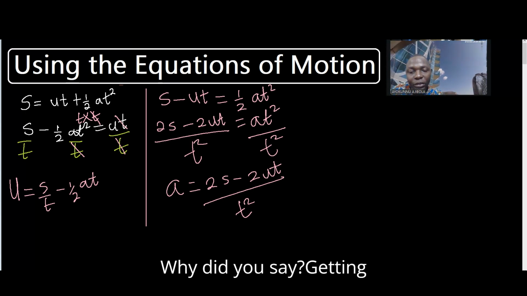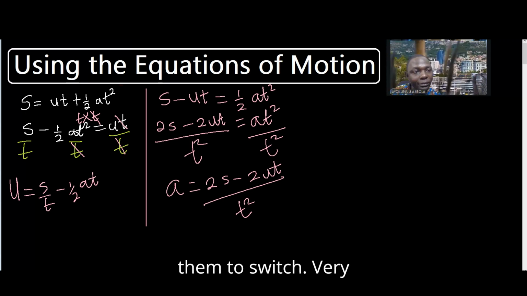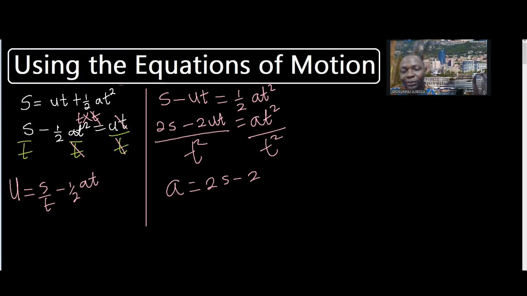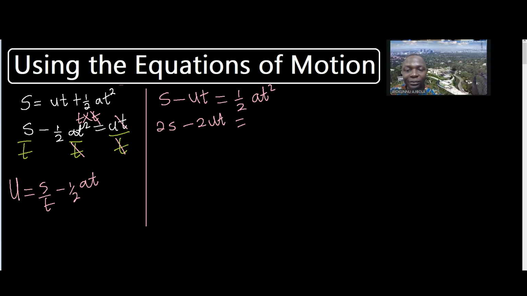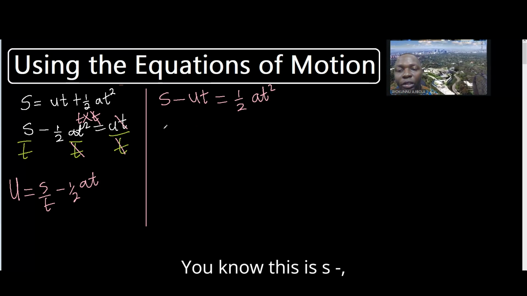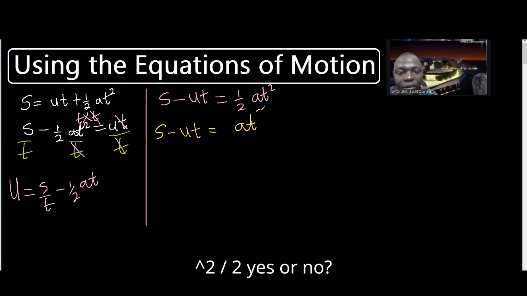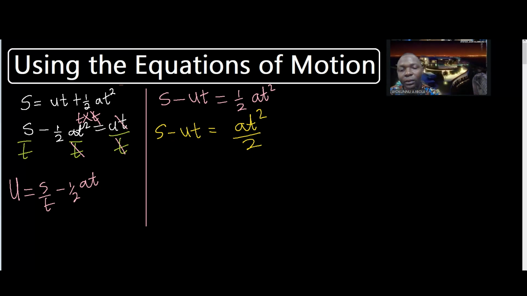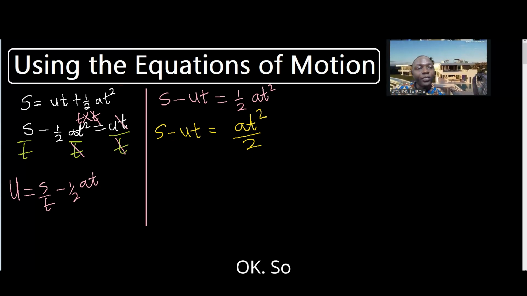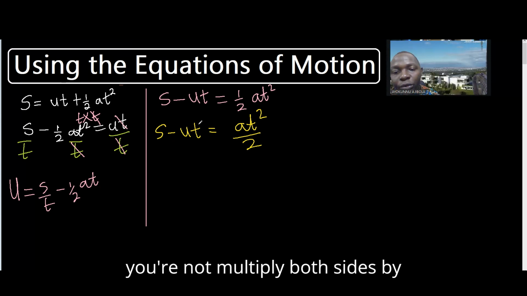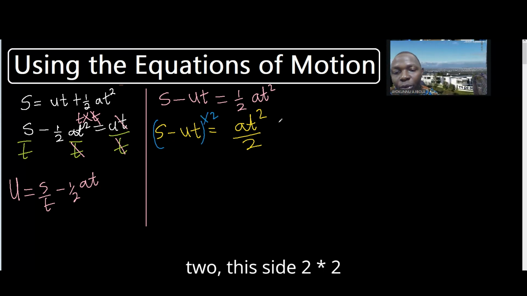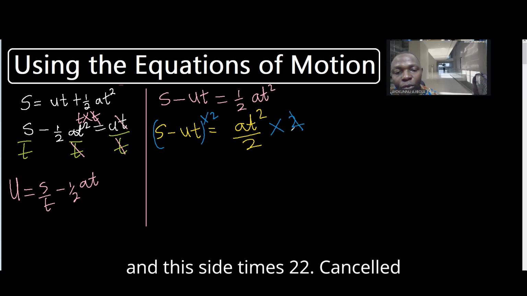How did you get 2S? Very good. Let me explain. You know, this is S minus UT equal to AT squared over 2. Yes or no? Yes, sir. You know that is half AT squared. So you now multiply both sides by 2. This side times 2 and this side times 2. 2 cancels 2.